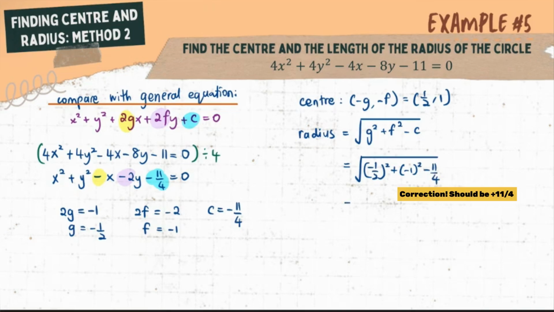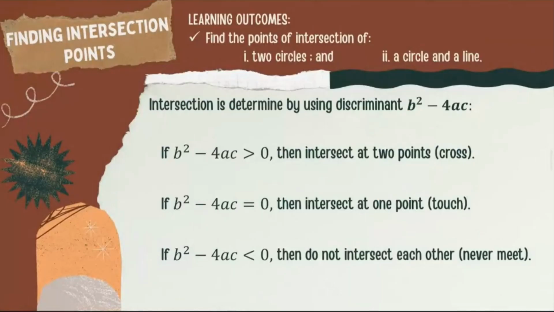Okay, and then use your calculator directly and kita akan dapat jawapan 2. Okay, so ini sahaja untuk check untuk dapatkan value of center dan juga radius menggunakan completing the square ataupun general equation. Okay. Alright, so next, let's look at finding the intersection point.